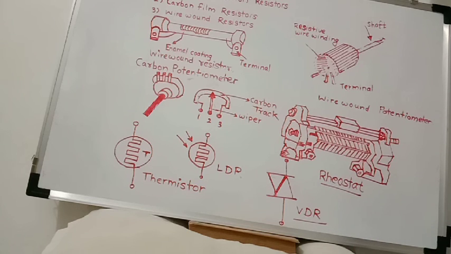These varistors are used in many industrial applications and in TV sets for surge suppression. So these are the different types of resistors. We will stop here.